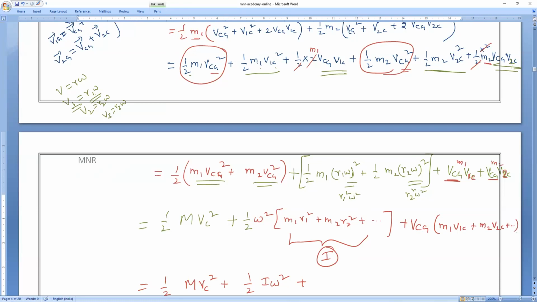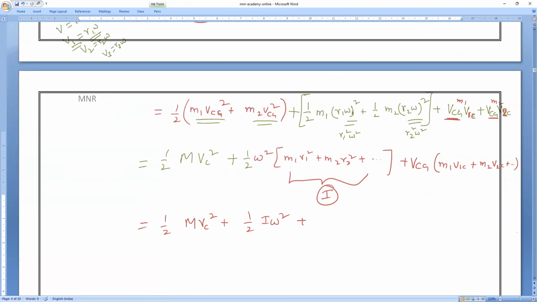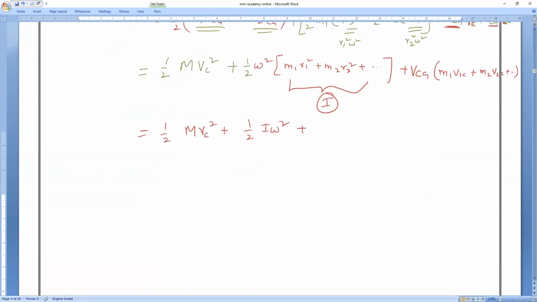Any problem for anybody? You can ask. Clear, guys? Yes? All of you? Yes, sir. So now we all know again the same thing. So velocity of center of mass, which is equals to what? M1 V1 with respect to ground plus M2 V2 with respect to ground plus M3 V3 with respect to ground divided by M1 plus M2 plus M3 plus and so on.